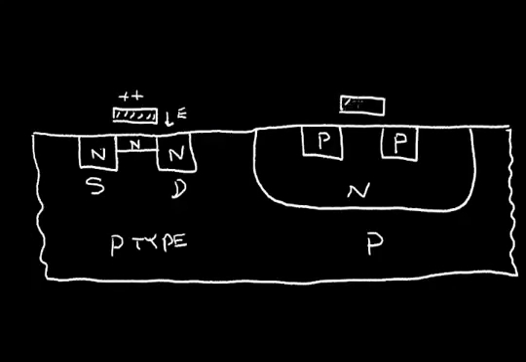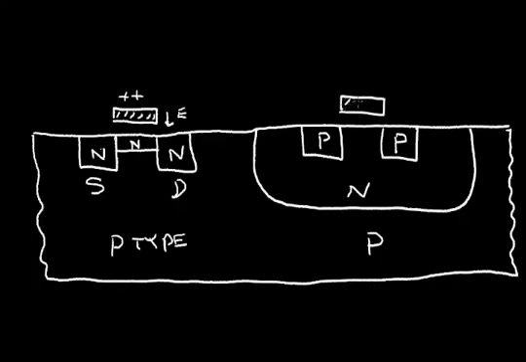Now if I make this electrode negatively charged relative to the source and the drain, I create an E field in this insulator region, and I attract P-type material to the surface here. So this causes conduction between the source and the drain.